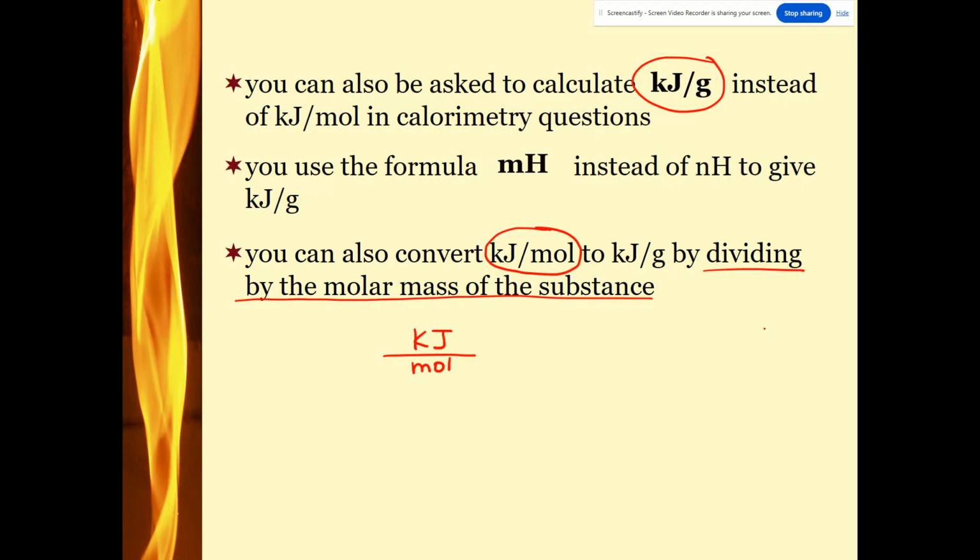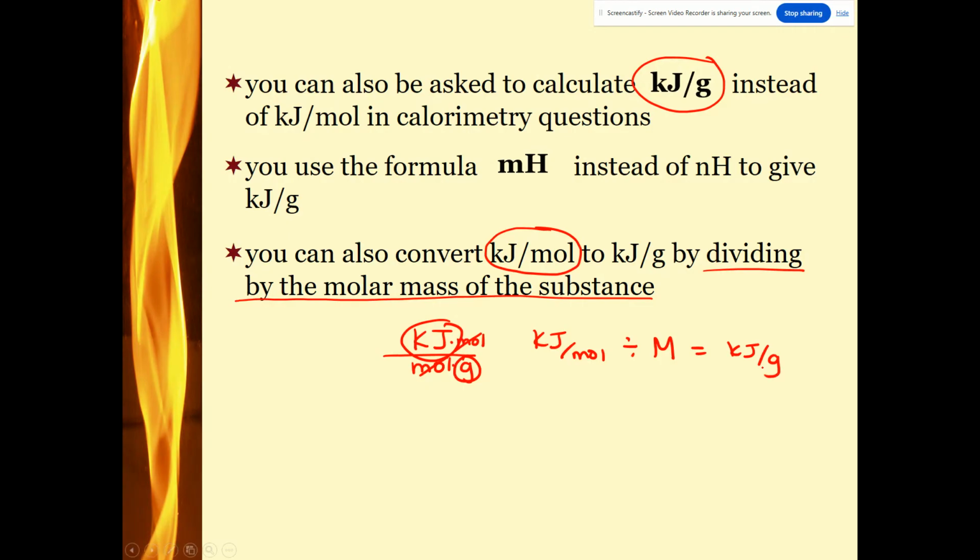If I divide by the molar mass, I'm going to have grams per mole at the bottom. This will end up moving up here. Okay? So what's going to happen is our moles cancel and we're left with kilojoules per gram.